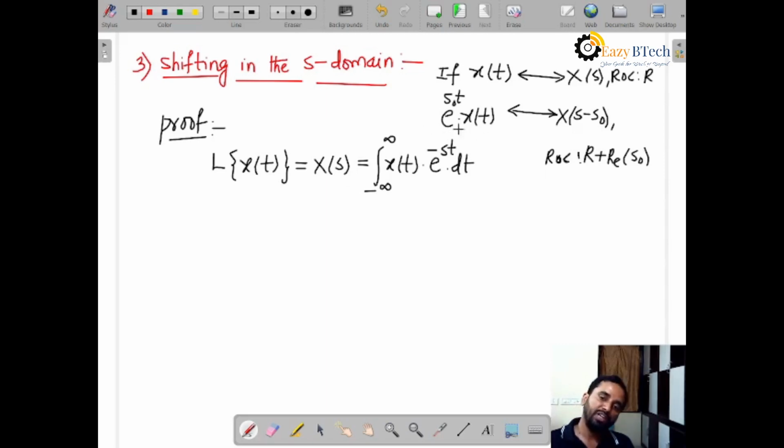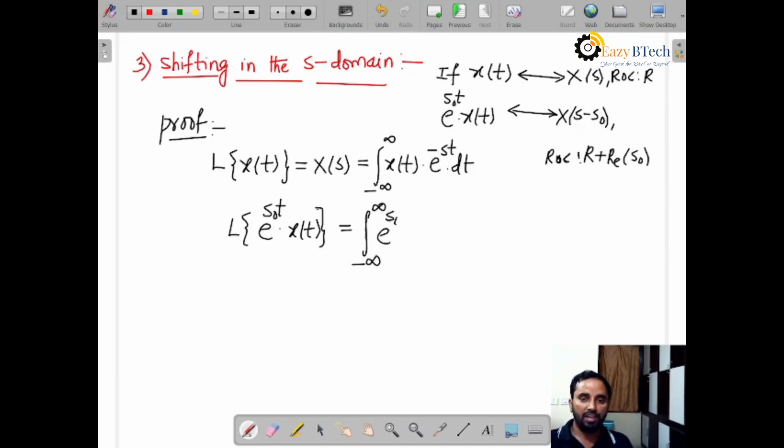Now we are going to take the Laplace transform of e power s naught t into x of t. What is the Laplace of this total? How to write? So integral as usual minus infinity to plus infinity, here e power s naught t x of t, this is the signal, so as it is we are taking, into e to the power minus st dt. As per formula we are following.